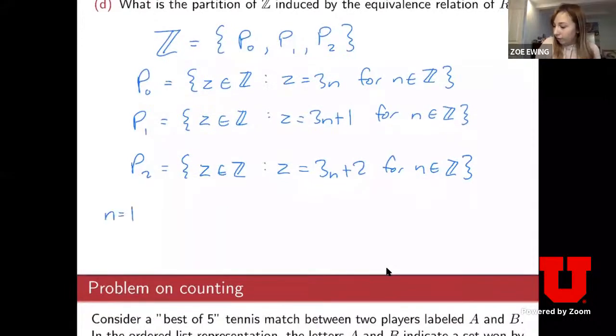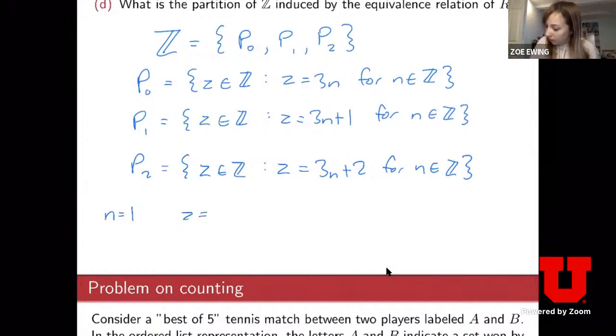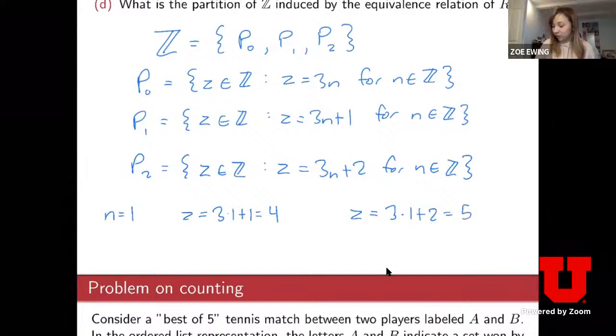Well, let's say that n equals 1. And so we have z equals 3 times 1 plus 1, which is going to end up being 5. Oh, whoops, 3 times 1 plus 1 is not 5. It's 4. I'm tired as well. Then z equals 5 for the other.